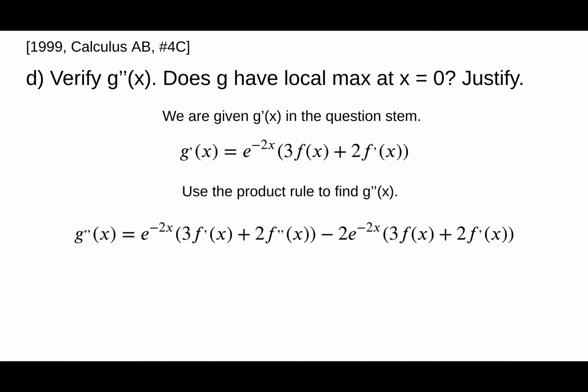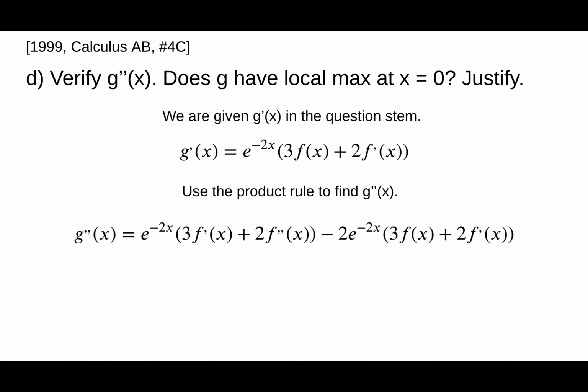Fortunately, this is a sum, and we don't have to worry about any chain rule in the middle of this. And then plus negative 2 times e to the negative 2x times the original 3f of x plus 2f prime of x. And then the negative 2 in the addition, we would just write as subtraction. So we have something to start with, and all we're really going to do here is combine like terms.